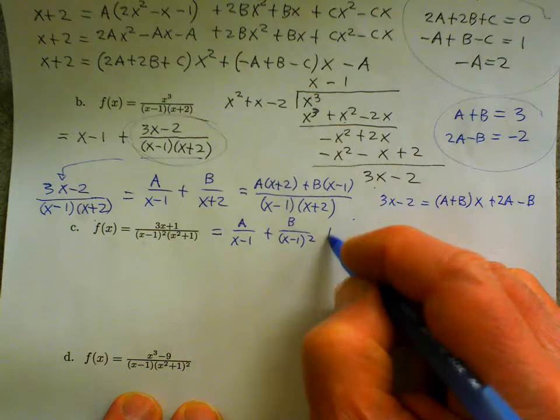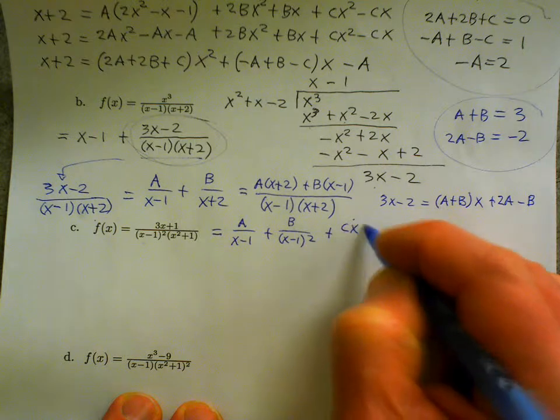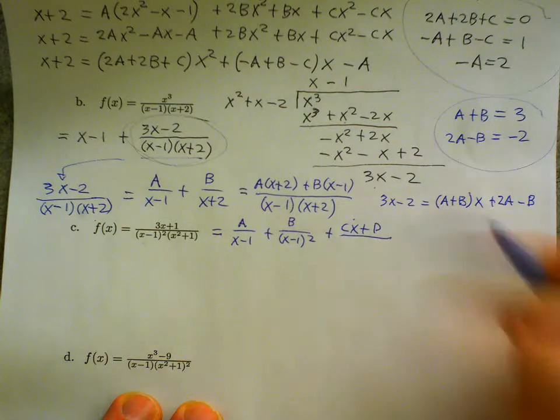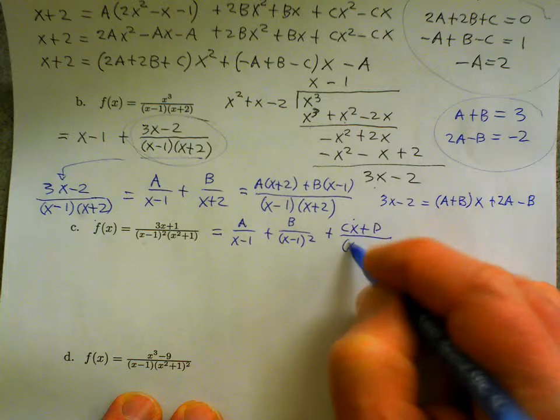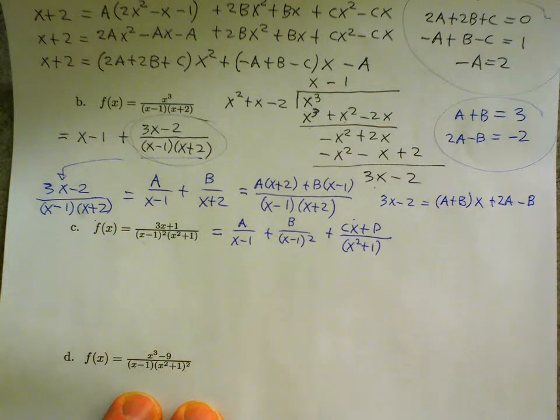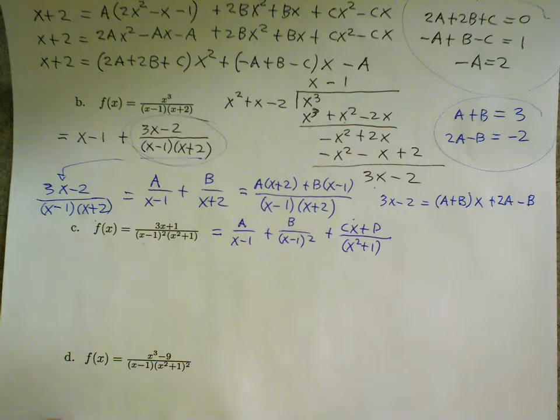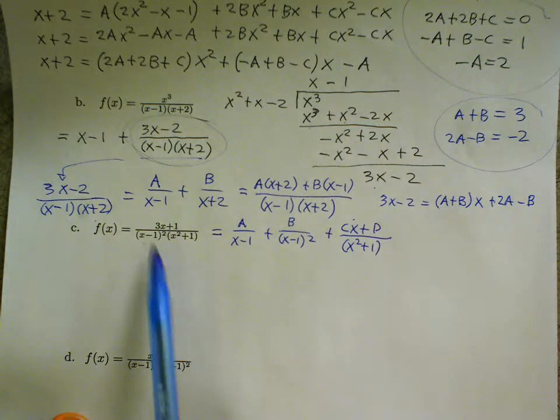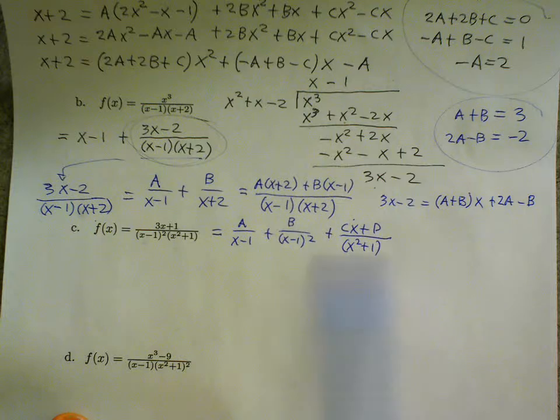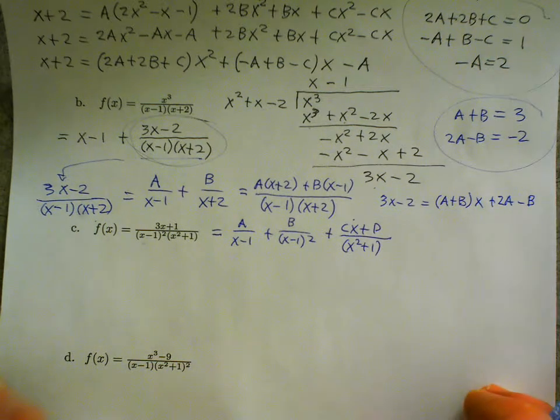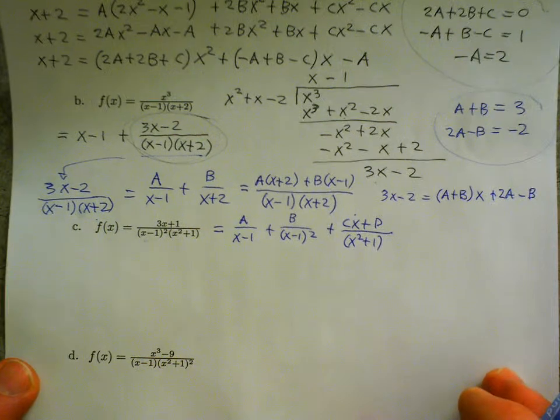So for this one, we need cx plus d over x squared plus 1. We can clear the denominators from this step if we just multiply every term on both sides by the least common denominator.